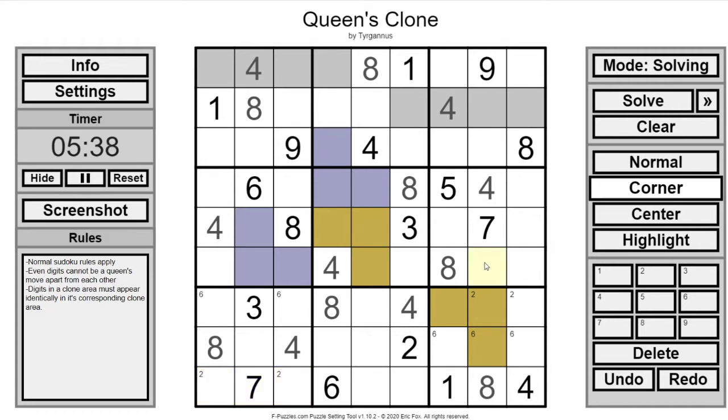This can't be a 2 because it would hit both those. That also can't be a 2. I'm just now noticing all the evens in this line. It's kind of interesting. There can't be any more even numbers than that. There has to be a 2 in one of the clones.